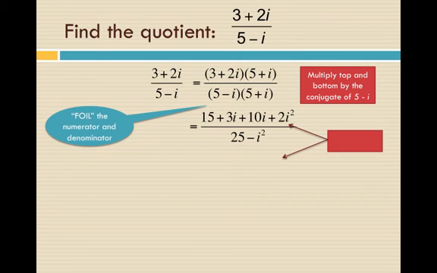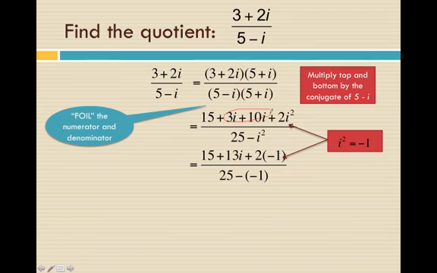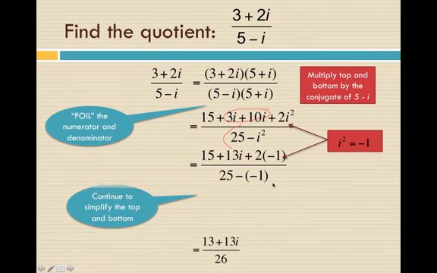And when I FOIL the top and the bottom, it's just a matter now of combining my like terms, substituting i squared for negative 1. So we can see that the 3i plus 10i becomes the plus 13i. Our i squareds become negative 1. And I look like I have my final answer.